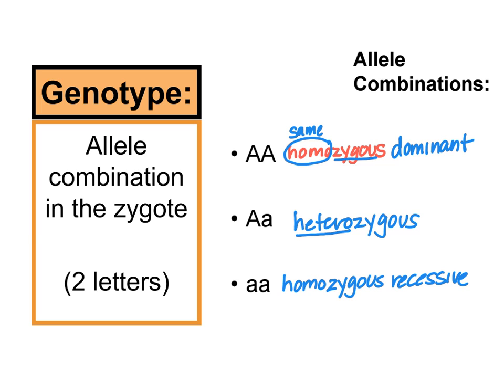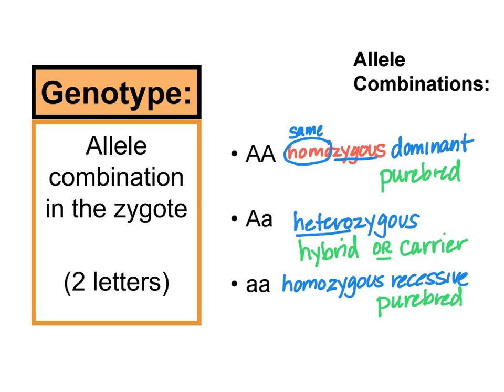There is a second set of terms that sometimes are used to refer to homozygous and heterozygous combinations. A homozygous combination is sometimes also referred to as a purebred or pure combination. A heterozygous combination may also be referred to as a hybrid combination or as a carrier because the recessive allele is not visible but is carried by the dominant allele.